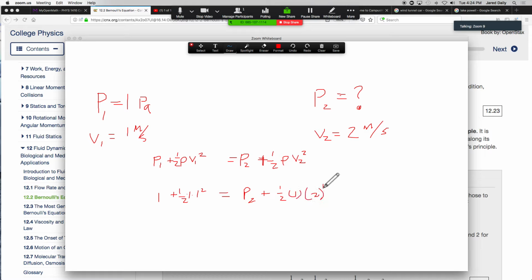That's 4. Right? So on this side of the equation, we have 1 plus 1/2, which is 1.5, right? And on this side, we have pressure 2 plus 1/2 times 4, which is 2.